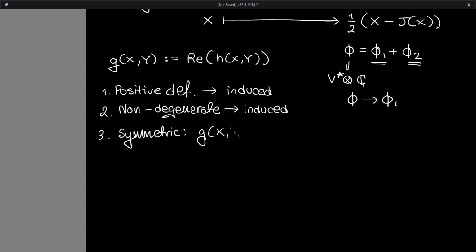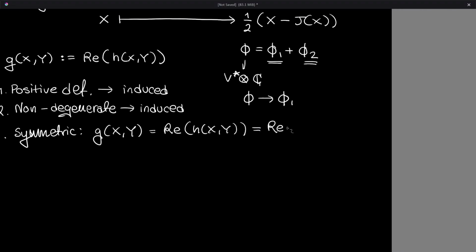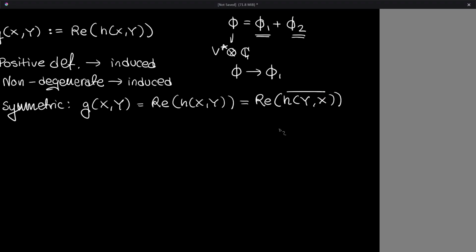g of x, y is equal to the real part of h of x, y, which is equal to the real part of, well, let's use the sesquilinearity, so we can rewrite that as the conjugate of h of y, x. But since we're taking the real part of a complex number, the conjugation doesn't matter.